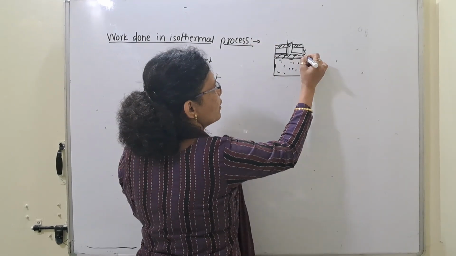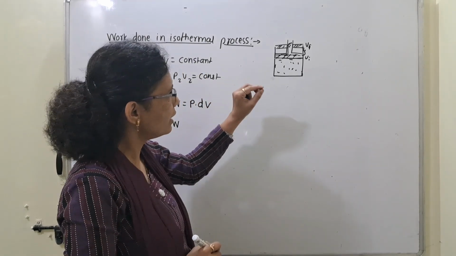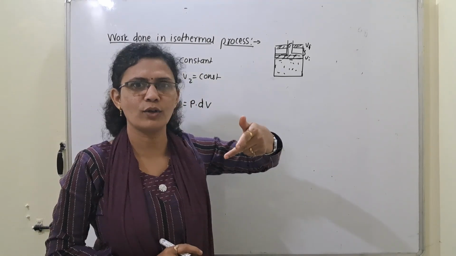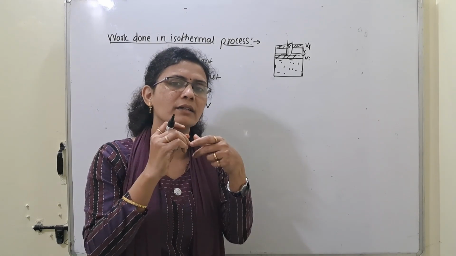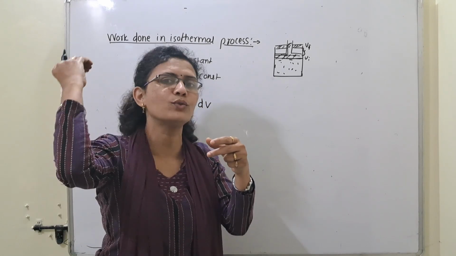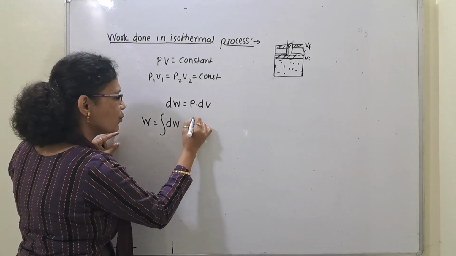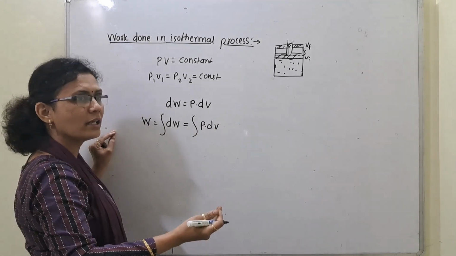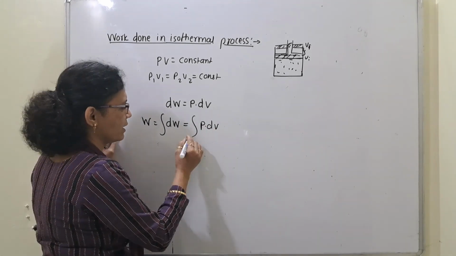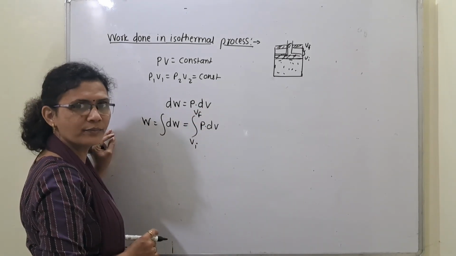Initial volume if it is Vi and final volume if it is Vf, then the change in volume will be Vf minus Vi. Means volume is changing from Vi to Vf, and we have to consider that only.